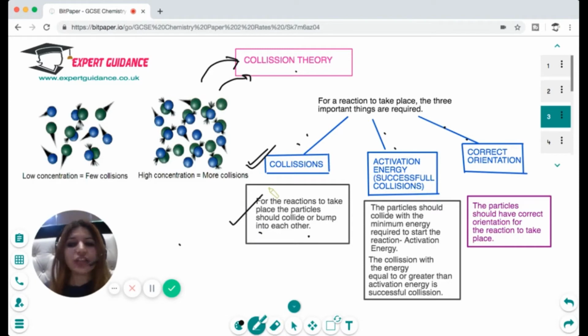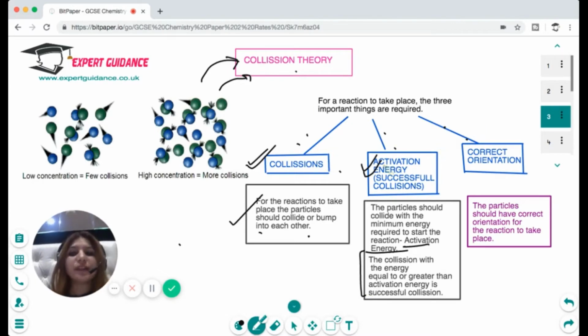And it's not just bumping into each other that will make the reaction faster. The particles should collide with the minimum energy required to start the reaction, called the activation energy. So the collisions which have energy equal to or greater than the activation energy are the successful collisions. So we first want collision, then we want successful collision with the energy greater than the activation energy.